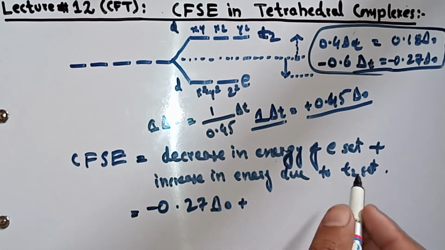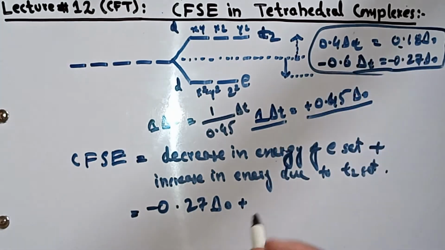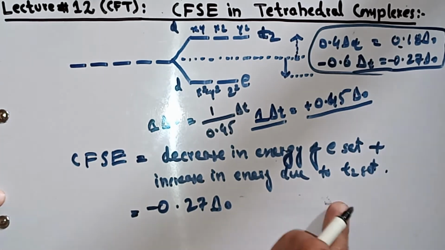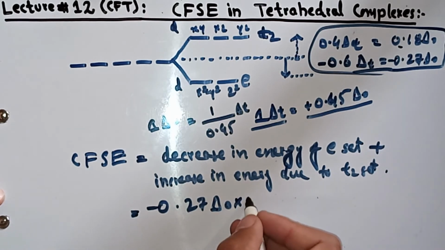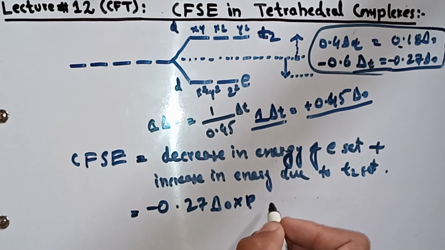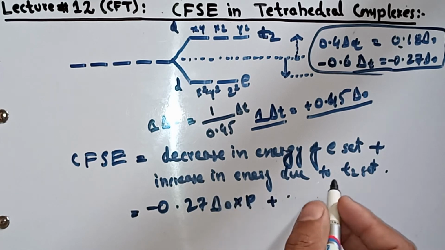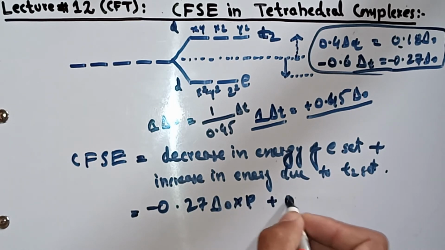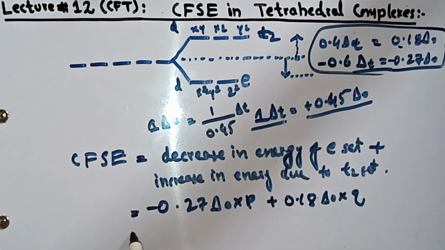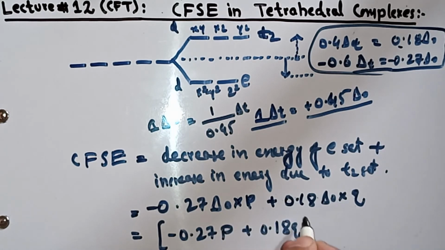And the increase in energy due to the T2 set is 0.18 delta naught, where P is the number of electrons in the E set, plus the increase in energy due to the T2 set, which is 0.18 delta naught multiplied by Q. So you can write this equation as minus 0.27 P plus 0.18 Q delta naught. Is it clear?